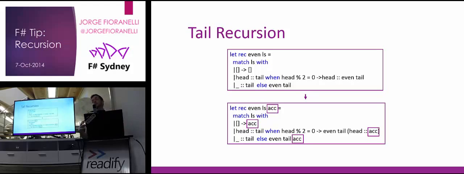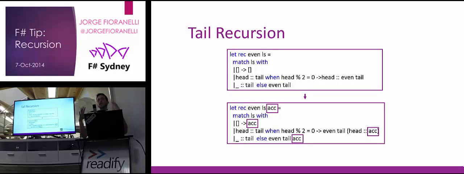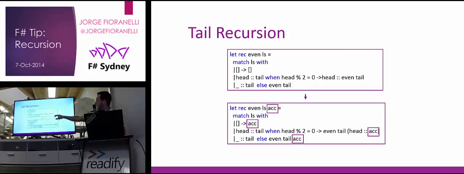This is the functional mindset: you don't share state, you just pass the state in between calls. So the accumulator here is going to have the current state of the list.